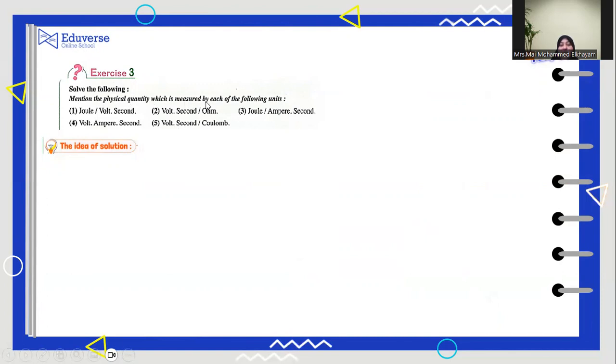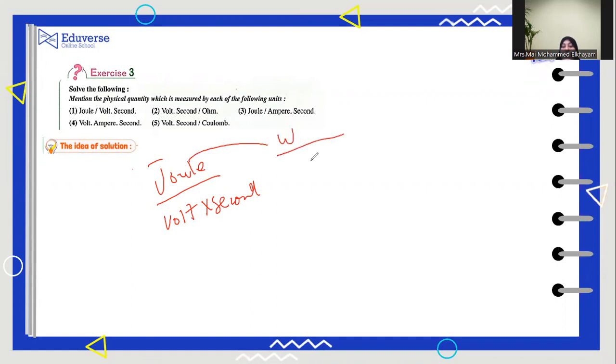Mention the physical quantity which is measured by each of the following units. Let's see the first one: joule over volt multiplied by second. How can I deal with that? Joule is the measuring unit of work, and volt is the measuring unit of potential difference.